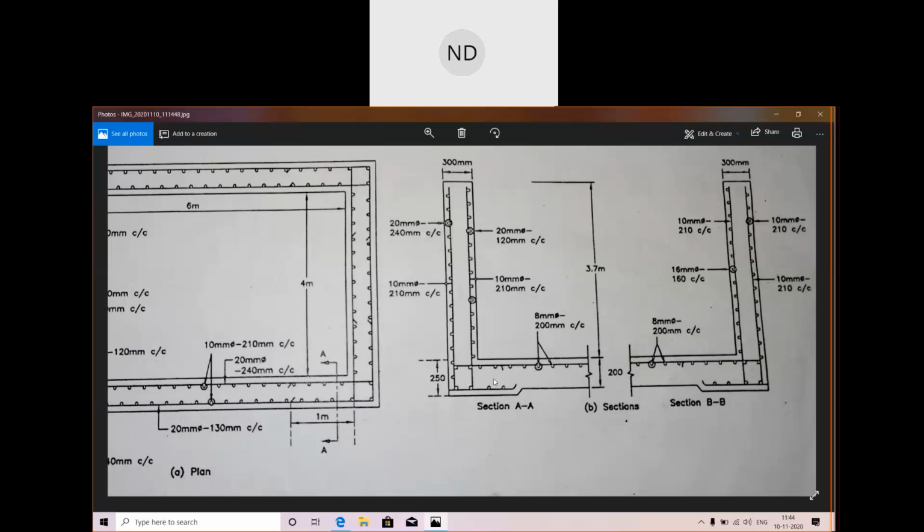And at the base slab, on the cantilever portion, how much have we provided?